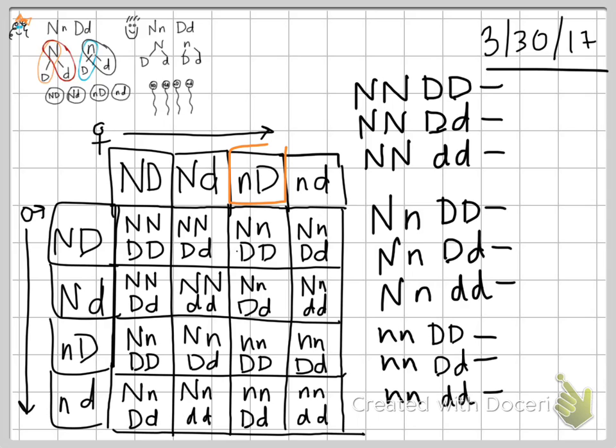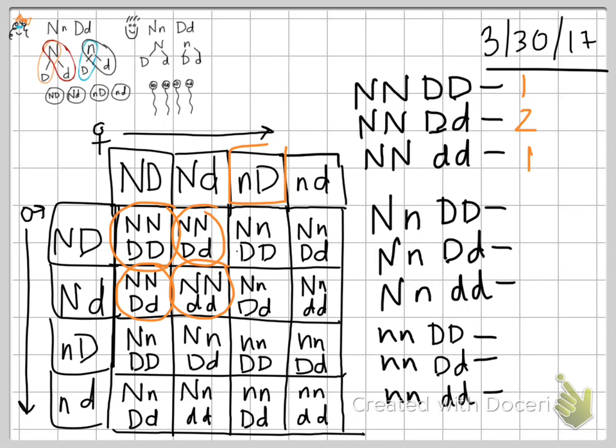And if we look for big N, big D, I see 1. That's all I see. If we look for big N, big D, little d, I see 2. And big N, little d, I see 1.